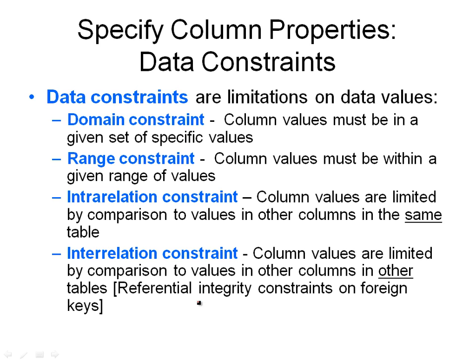For the domain constraints, the column value must be in a given set of specific values, so you will not be allowed to put any value that's not mentioned in that range or in that domain. The same for the range constraints.